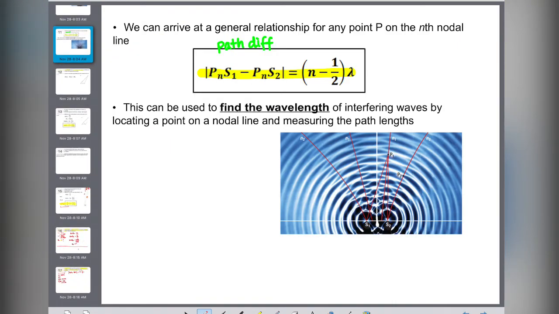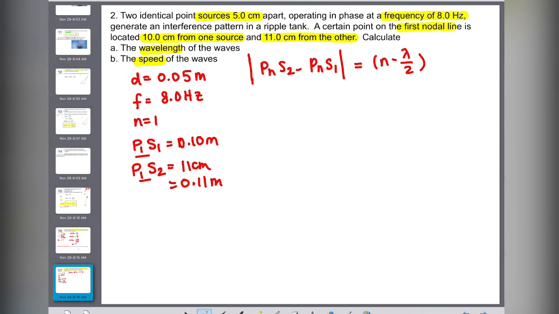N minus half times lambda. Okay, so plugging it in, I'm going to take my 11, so 0.11 minus 0.1 equals to 1 minus half times lambda.